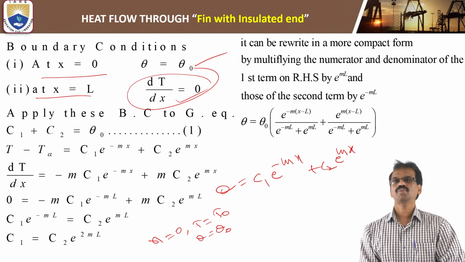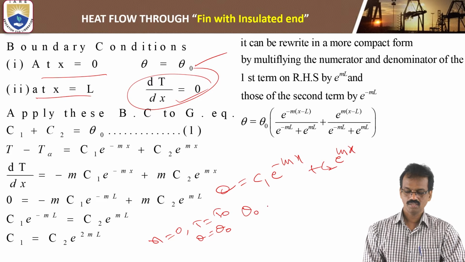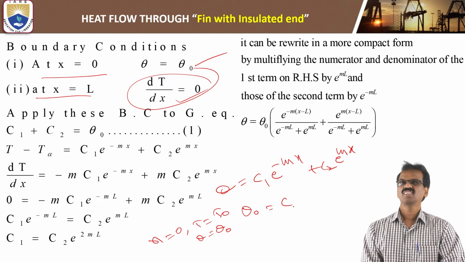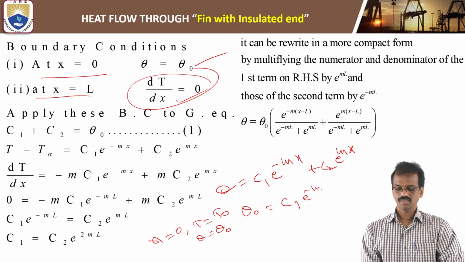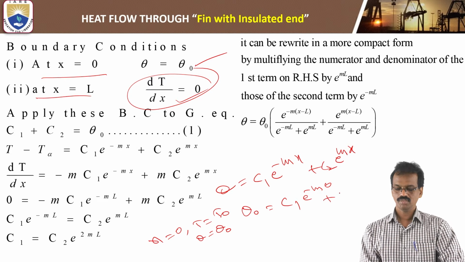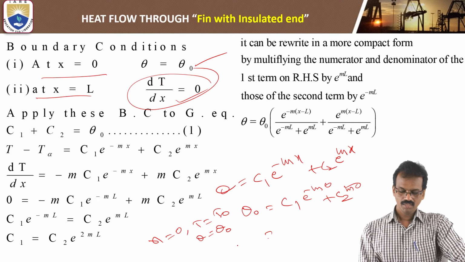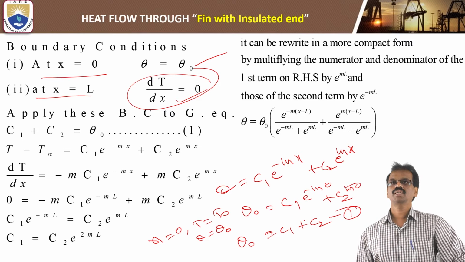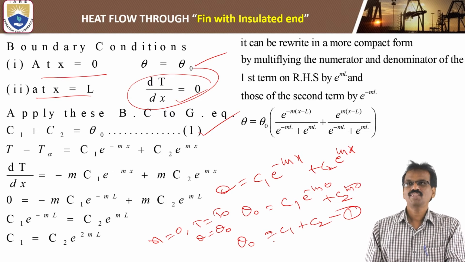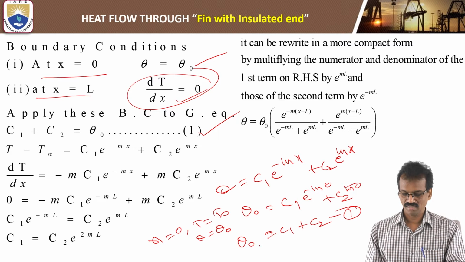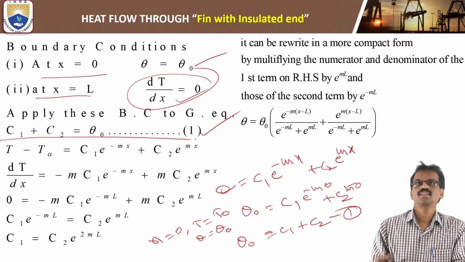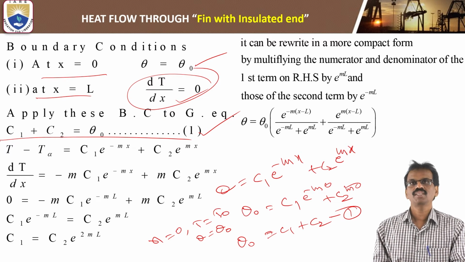So based upon the first boundary condition, theta naught is equal to C1 e to the power of minus m times 0 plus C2 e to the power of m times 0. e to the power of 0 is 1, so theta naught is equal to C1 plus C2. So this is equation 1. Based upon the first boundary condition, theta naught is equal to C1 plus C2. Next we'll apply the second boundary condition.